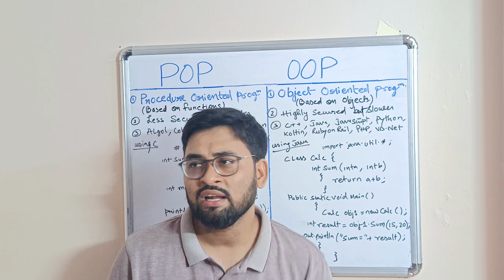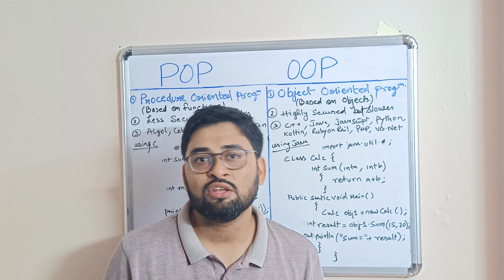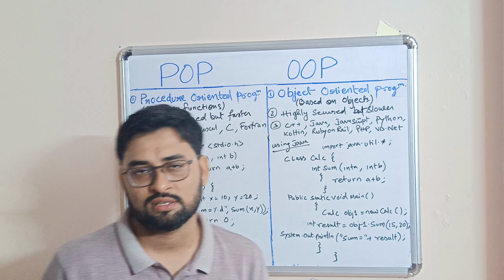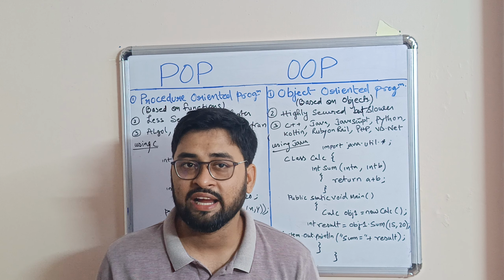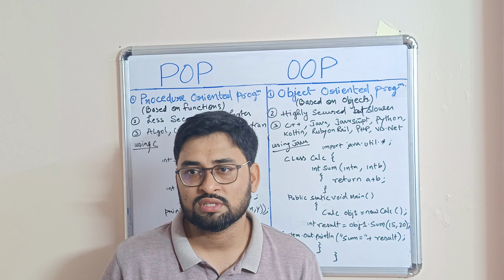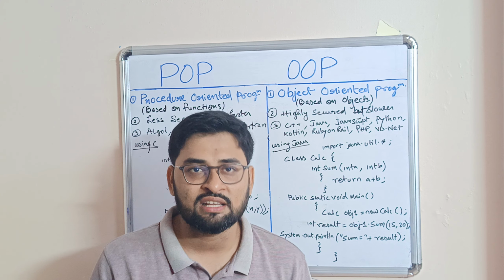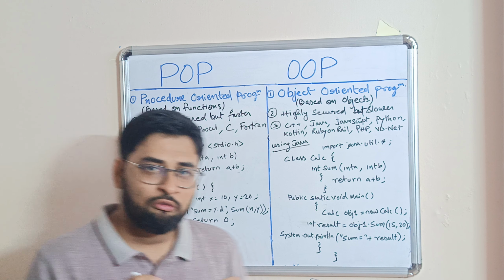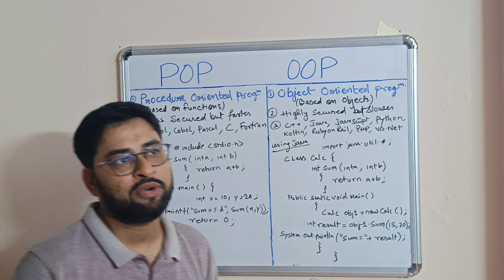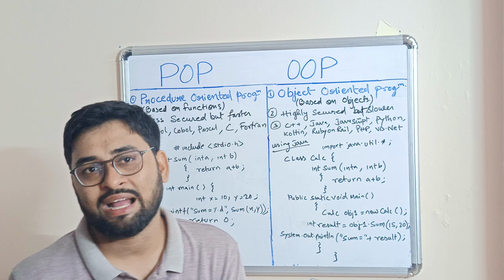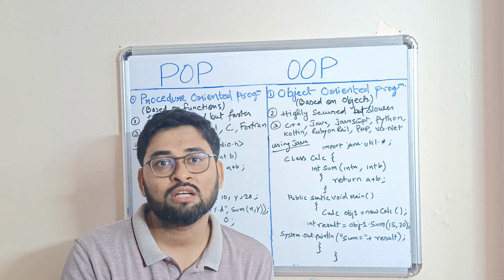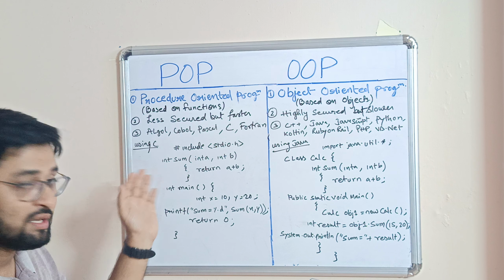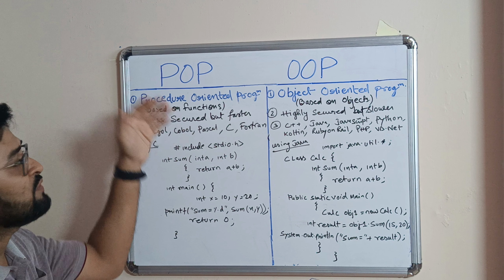Less secured means what? Operating systems, system software and compilers don't require high level security. They require faster communication. The operating system is said to be the backbone, the kernel programming, and kernel programming requires the C programming language, which follows POP.